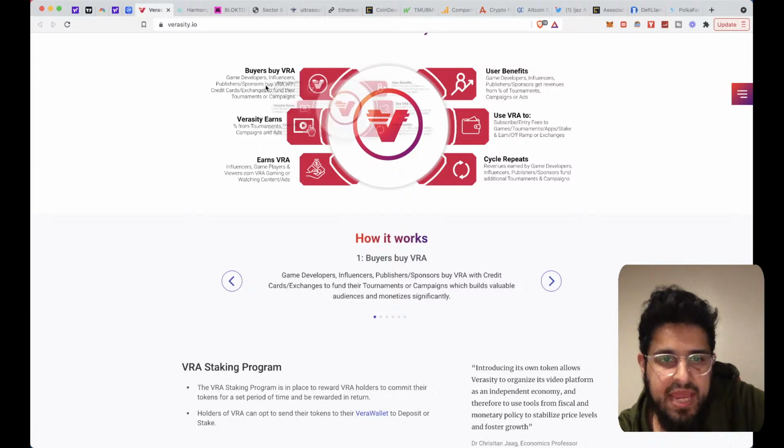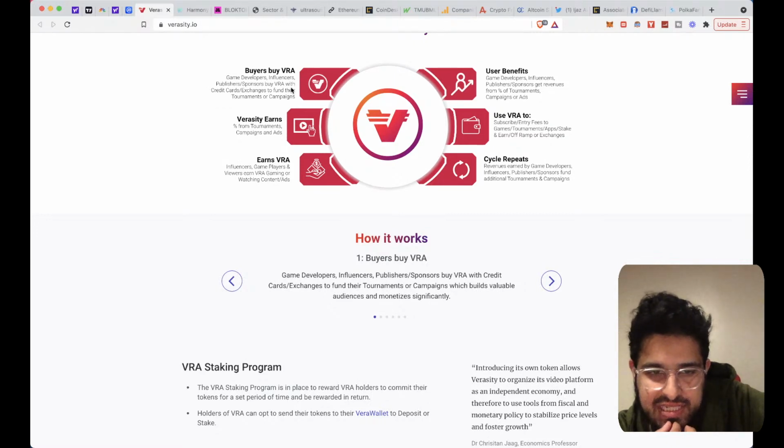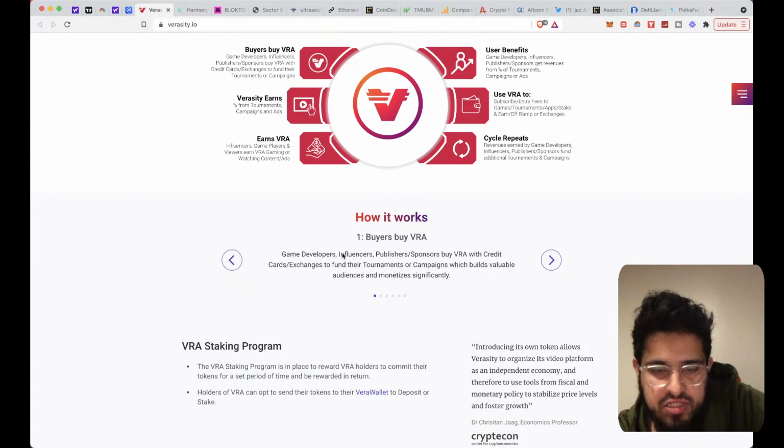Okay, so the game developers and influencers buy Veracity token. Veracity earns a percentage from the tournaments. Influencers earn via Veracity gaming or watching content ads, and then the cycle repeats. Look how it works.